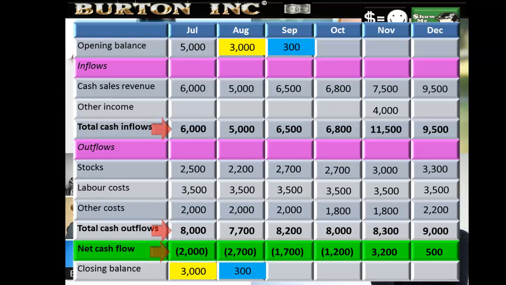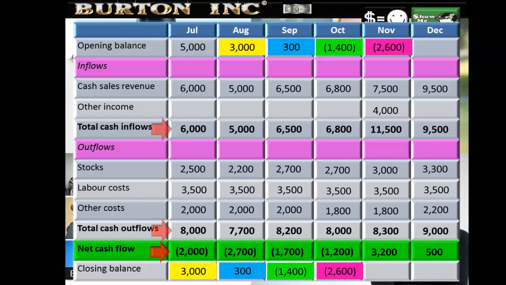September, our opening balance, $300 in the bank. And a closing balance. We're into overdraft territory now. So $1.4 thousand we owe the bank. That transfers through to the start of October, our opening balance. Deeper into the red now, deeper into our overdraft.